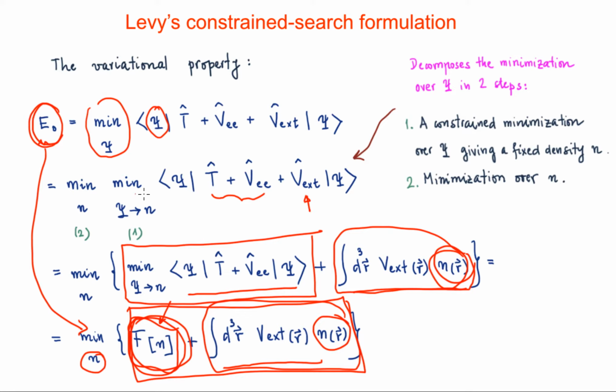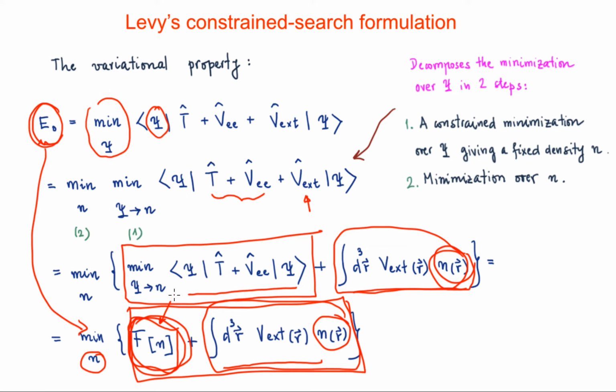So, following Levy's constraint search formulation, we can redefine the universal functional of the electronic contribution, and it also gives us a way to get the ground state energy once we have that universal functional. Of course, that's giving us a guide to get that universal functional.